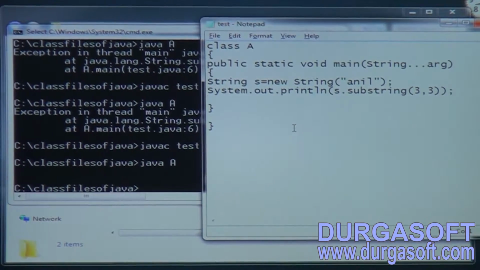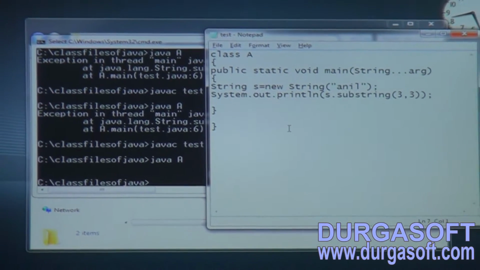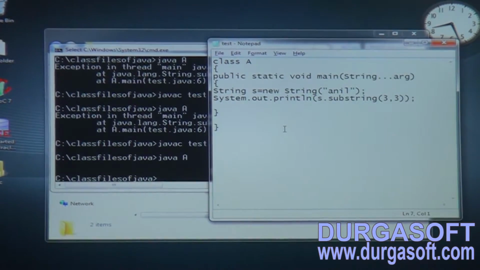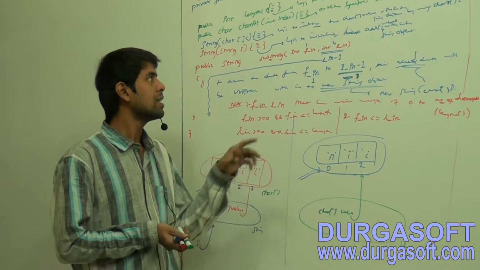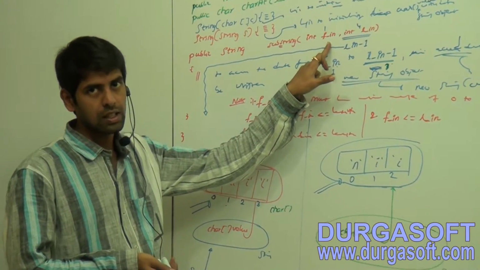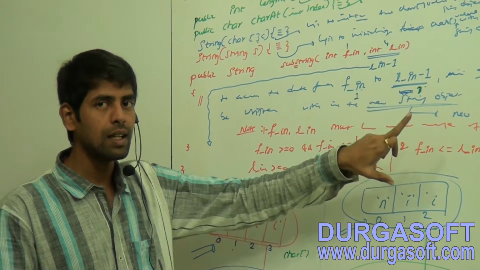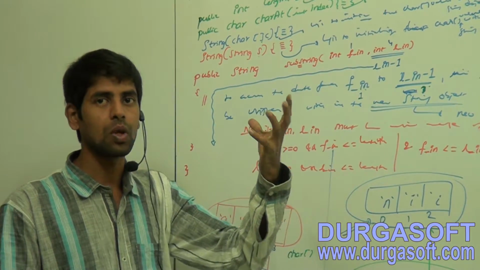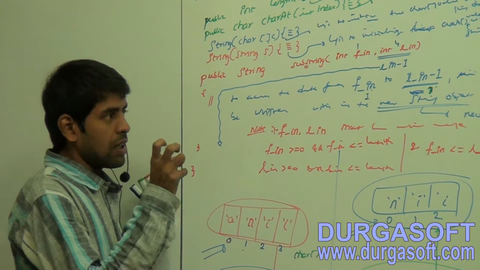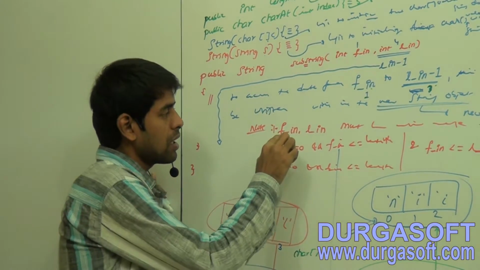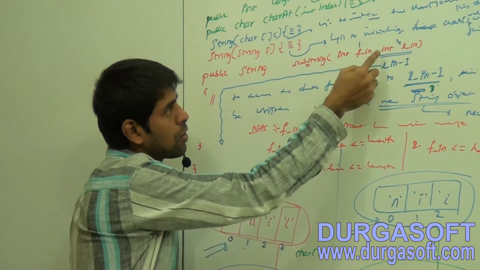Observe here, what we have understood. To write our own logic, we first understand the internal logic of this first index and last index. They have created one logic by taking these two argument values.